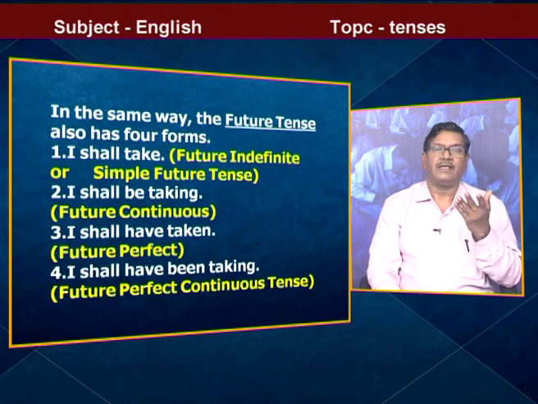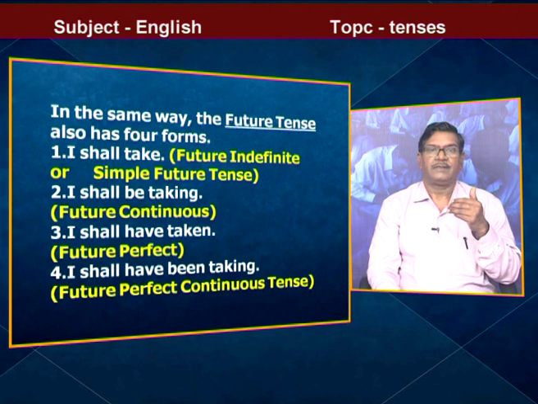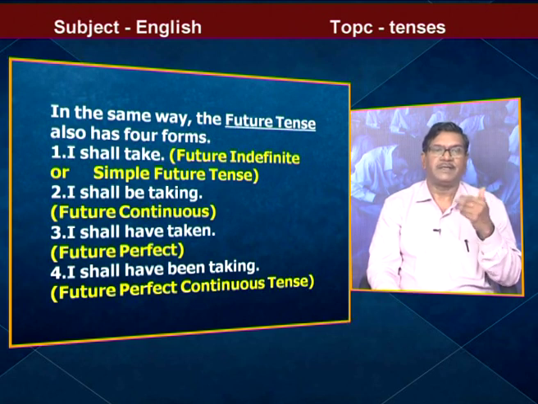For I and we, first person pronouns, shall is the helping verb when we express the sentence in future indefinite or simple future tense. I shall be taking, future continuous. Again, you will be taking, he will be taking, she will be taking, like that.